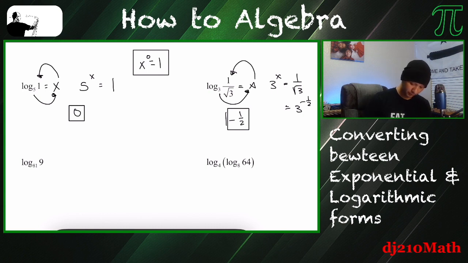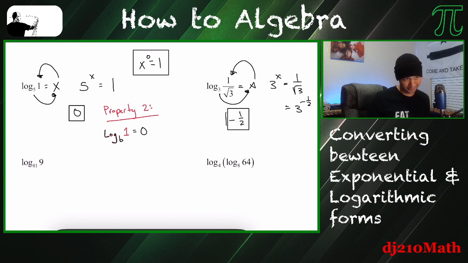Okay, so let's back up for a second. Let's look at property number 2. I kind of glanced over it just because I got excited. Property number 2 says that if I have a log base b and the argument is 1, this is going to equal 0.